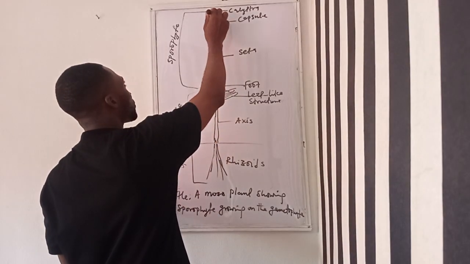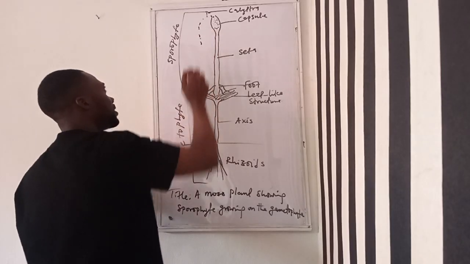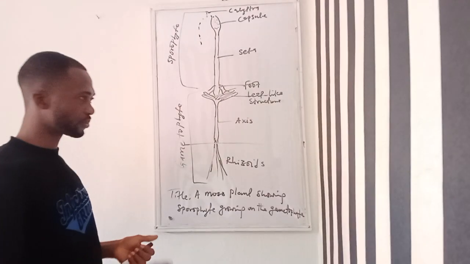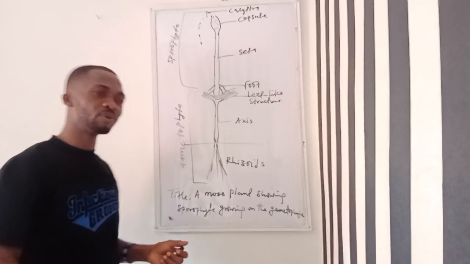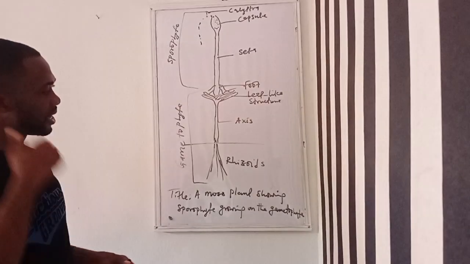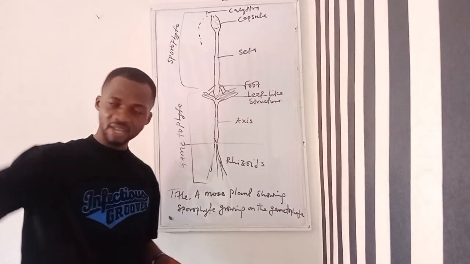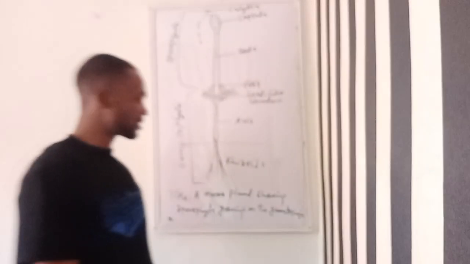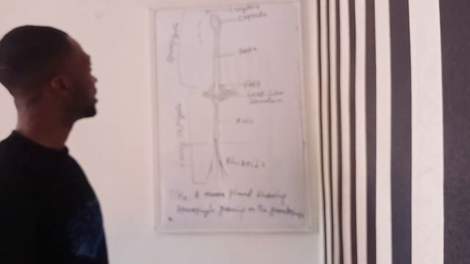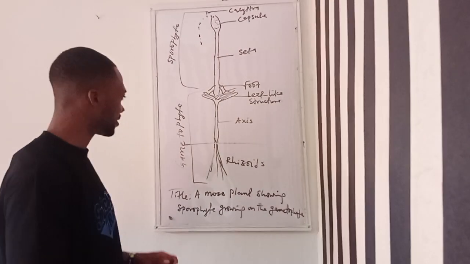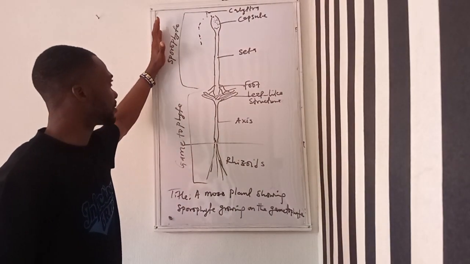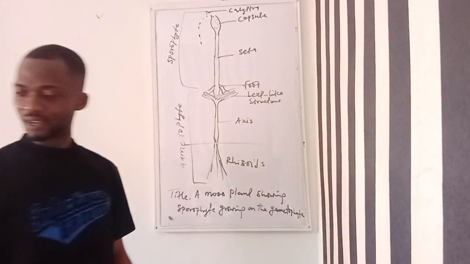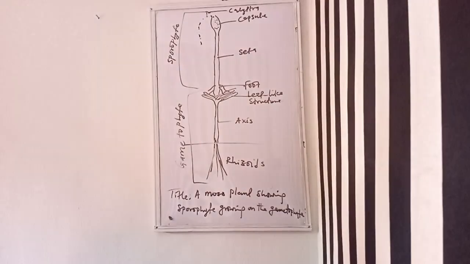Once they are released, like I explained before, the germinating spore grows into the protonema and into a moss plant, and the cycle continues. So that is all about the life cycle in Bryophyta. This is the gametophyte, this is the sporophyte. I think this is where we are going to stop.